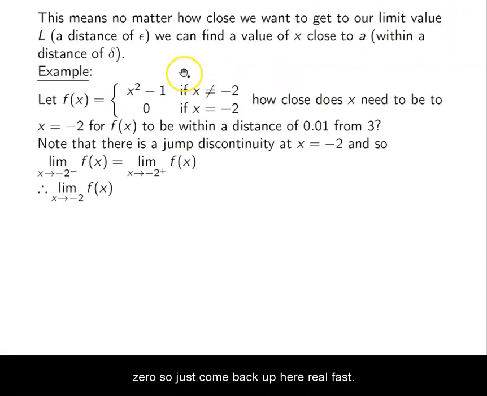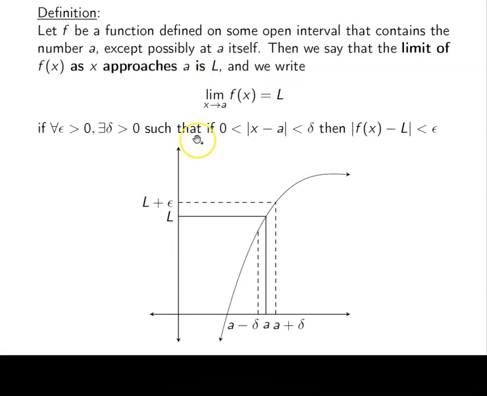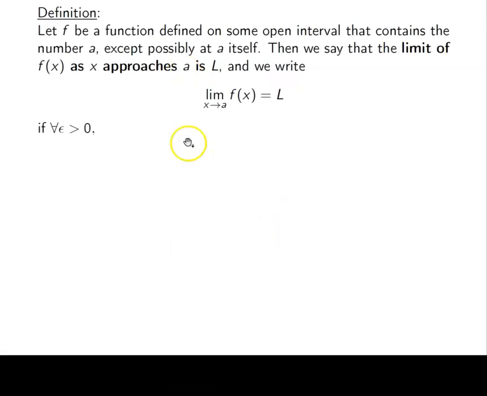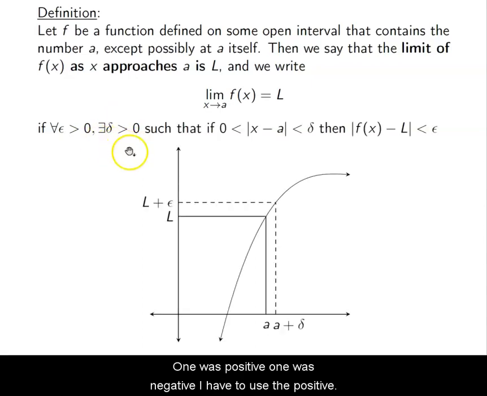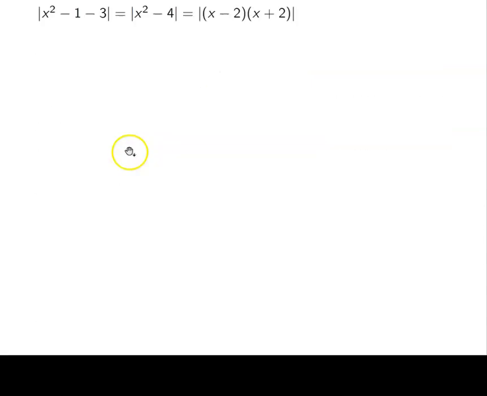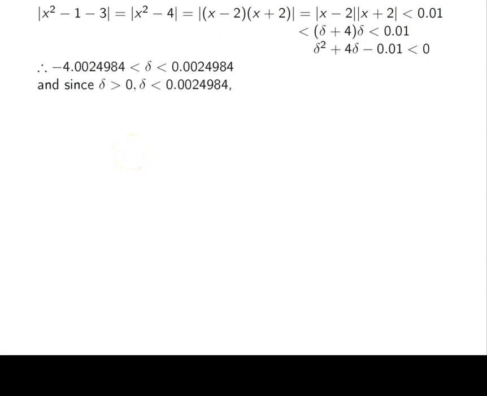So let's come back up here real fast. The condition is, for every epsilon I choose, in this case 0.01, there is a delta that's larger than 0. So I solve for my deltas, and one was positive, one was negative. I have to use the positive one. So delta is less than 0.002498.